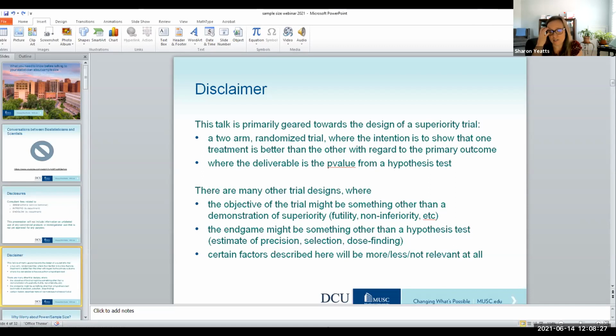There are situations in which the end result that you're going for might be something that's not a hypothesis test. It could be an estimate of precision. It could be the selection of a particular agent or a particular dose. And in those cases, certain factors that we talk about here may not be as relevant. They may be more relevant. And the process in determining the sample size and how we think about it may be slightly different. So just keep that in mind.